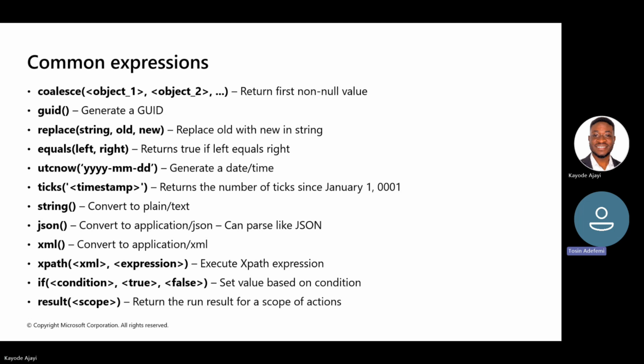Can you store objects into a variable and then coalesce that variable? Yes, you can. With coalescing multiple variables, what do you mean? Let's say we have object one, object two, and all of that.